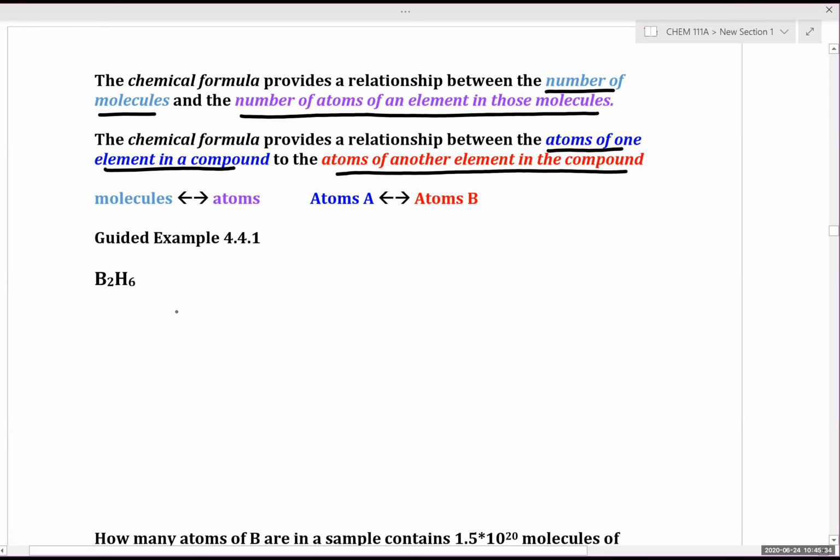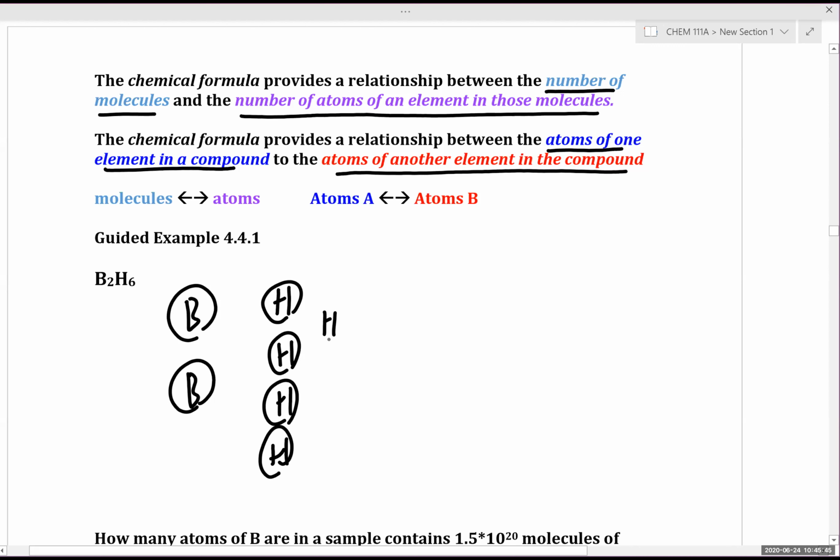So for example, in B2H6, and now pay attention to these units now. How many atoms of boron do we have per molecule of B2H6?